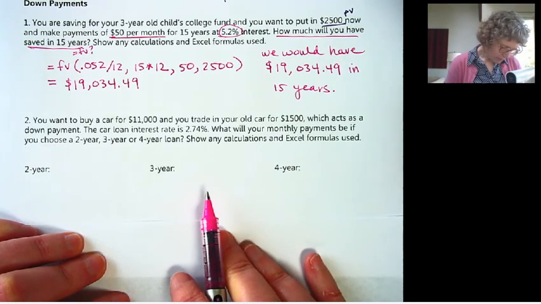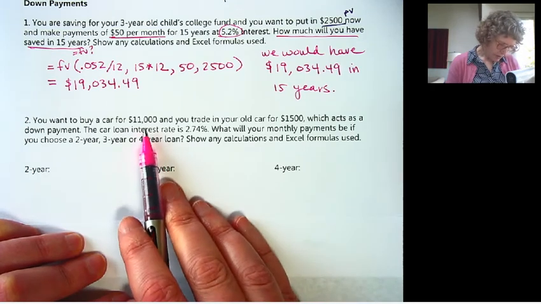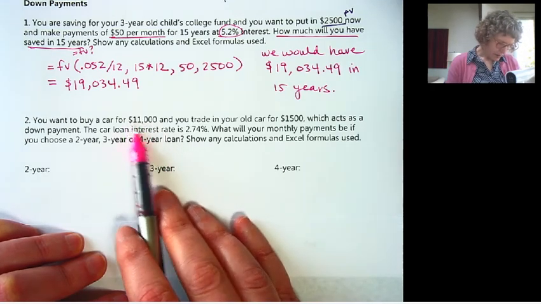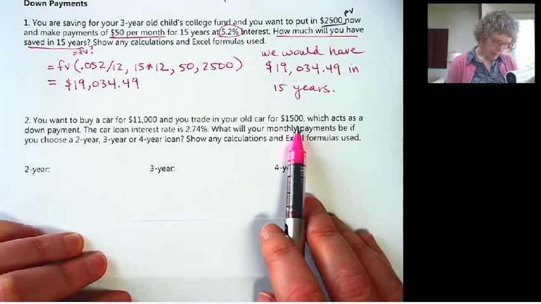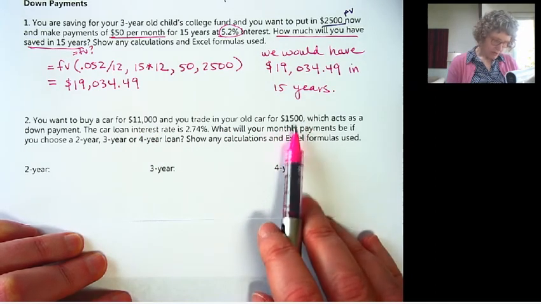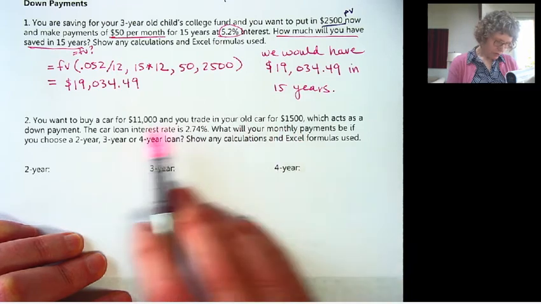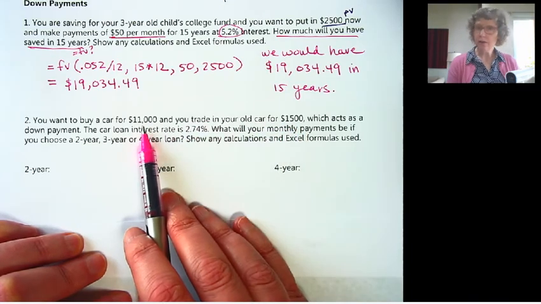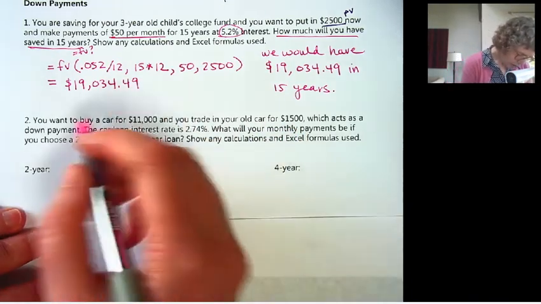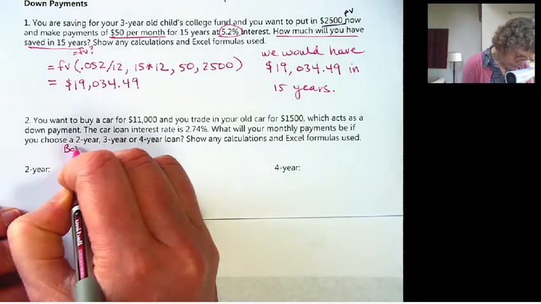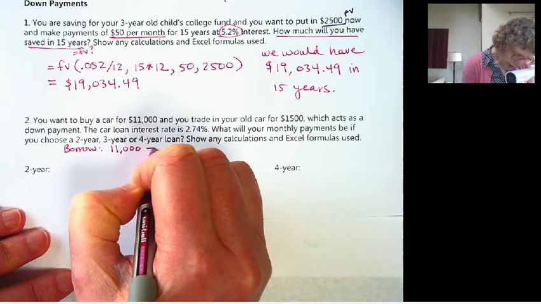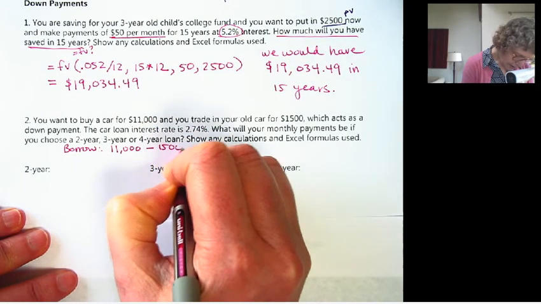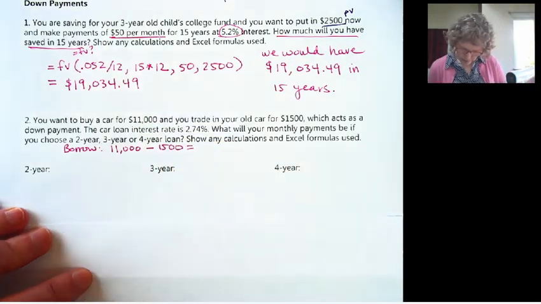Okay, there is a calculation we need to do up front here because we're buying the car for $11,000, but we're trading in $1,500. So we're actually not going to need to borrow the full amount. So we only need to borrow $11,000 minus $1,500.